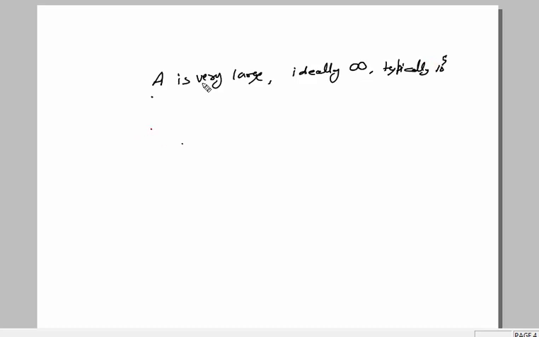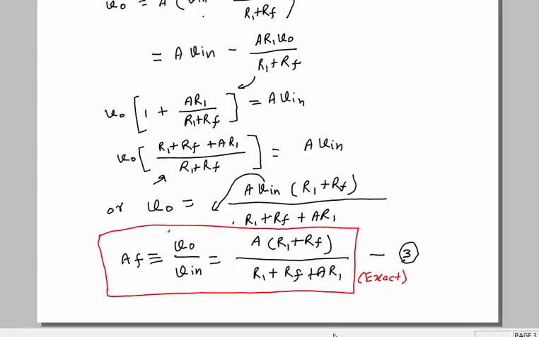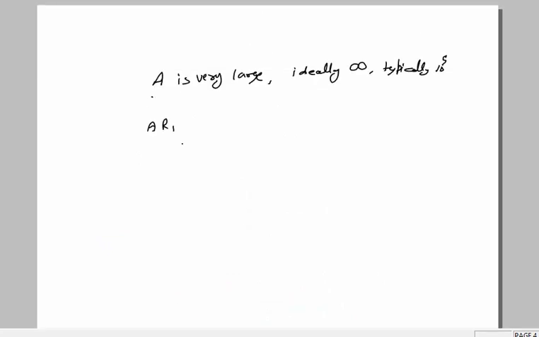Okay, it means this AR1, which one I am talking about here, will be very large compared to the remaining R1 plus RF. So AR1 will be very large compared to the combination of R1 and RF.